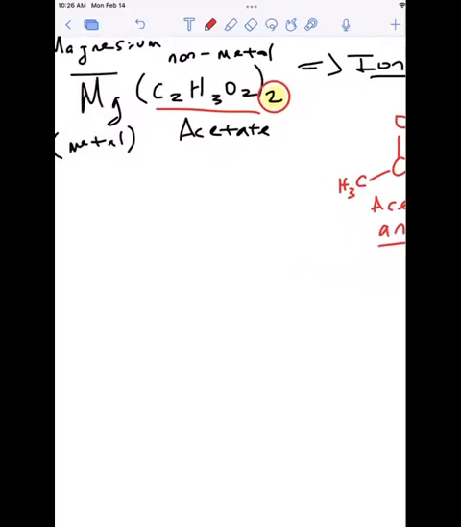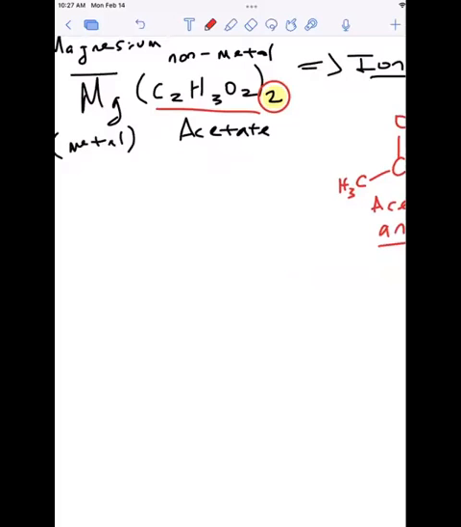Which is group what number? 2. Group 2. So what charge would you expect magnesium to have as a metal? All metals are going to be cations, positive. Well, let me not say all. 99% of metals are going to be cations. There are some cases where you can have a metal with a negative charge, but it's very specific.